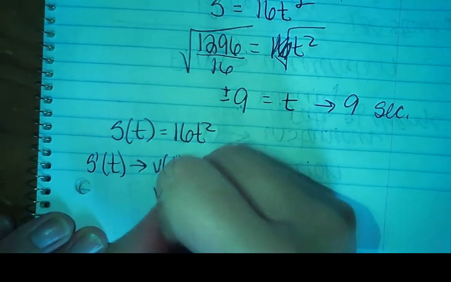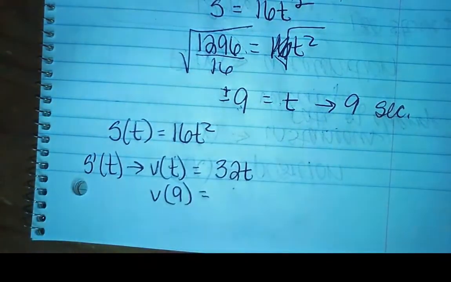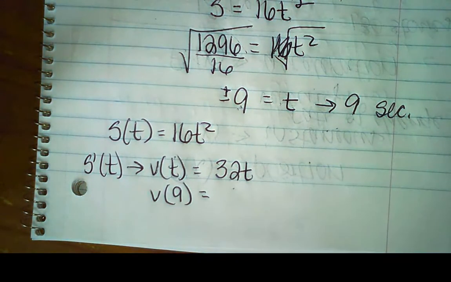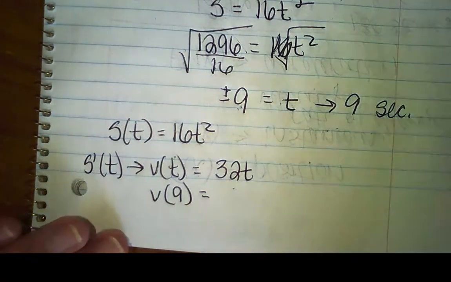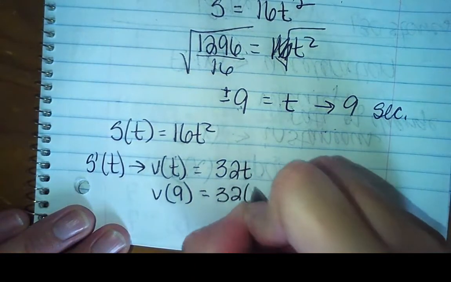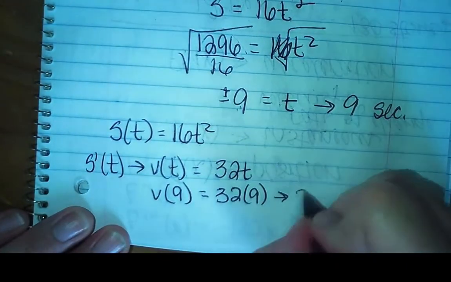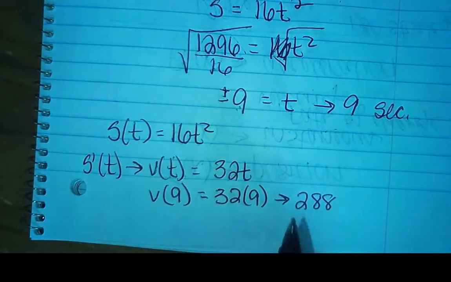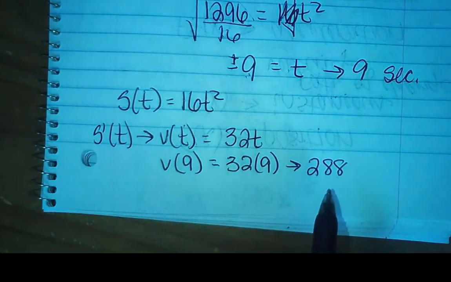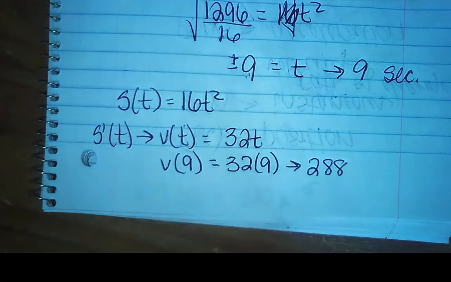I'm going to evaluate that at 9 seconds, because that's when it hits the ground. So I've got 32 times 9, which is 288 feet. So that thing is falling at a rate of 288 feet per second.